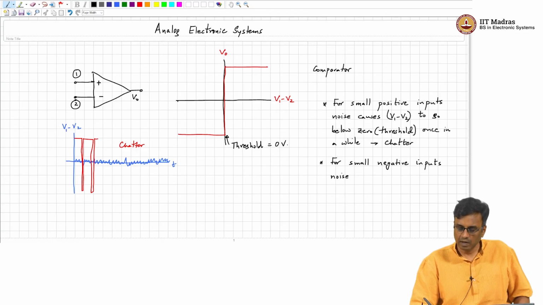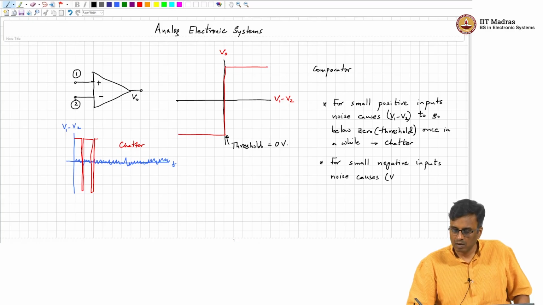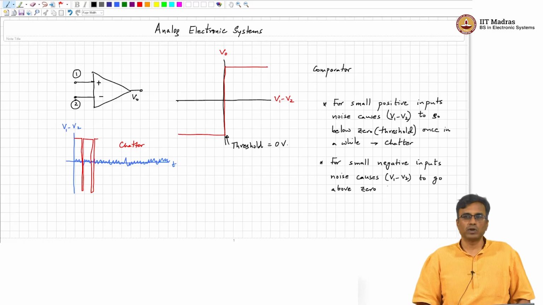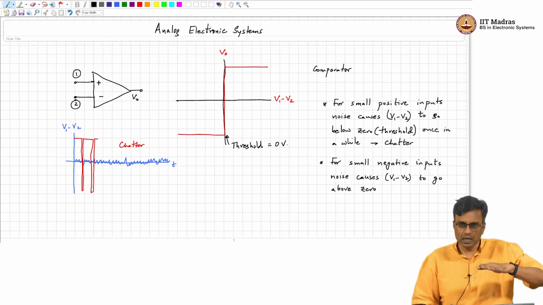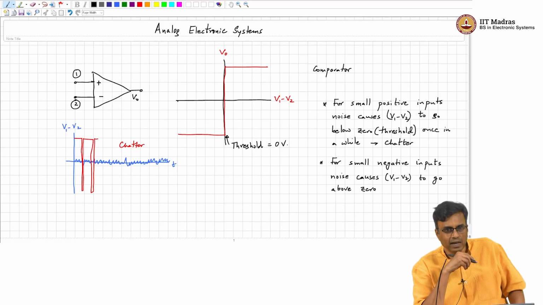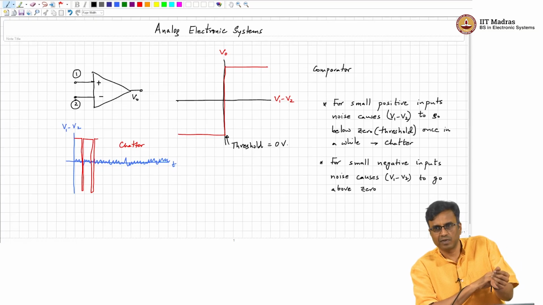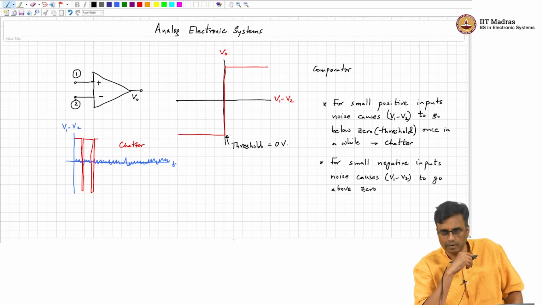Noise causes V1 minus V2 to go above 0, and again the output, which should ideally have always been the negative rail, now once in a while becomes the positive rail, because the input difference has gone above the threshold due to noise.